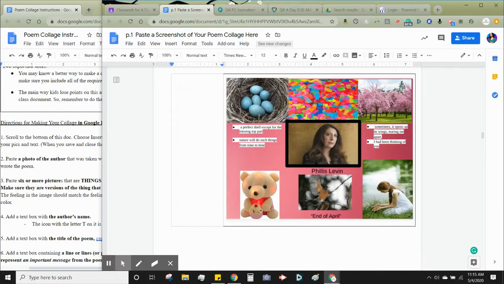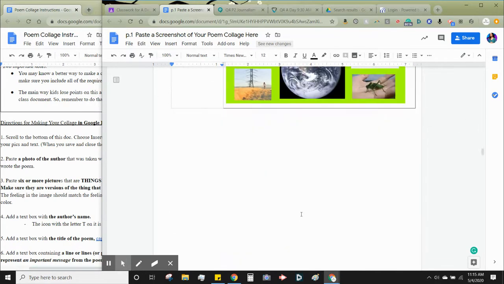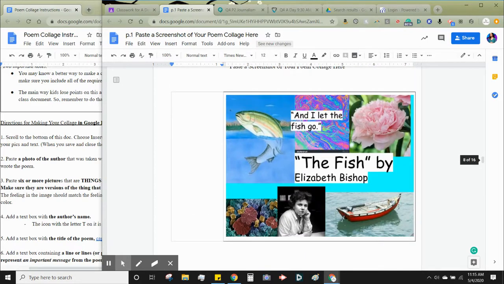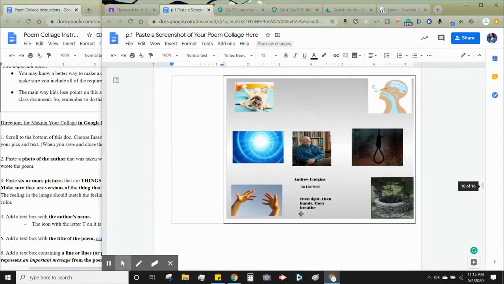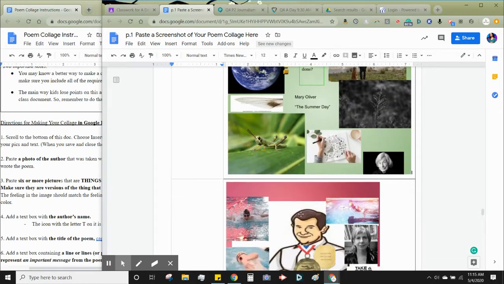So when Phyllis Levin wrote End of April, she wasn't trying to get you to picture a cute little teddy bear, and it shouldn't be in the collage. The collage should be really faithful to what the poet's trying to get you to picture. Let's see. The rest of these looking pretty good.